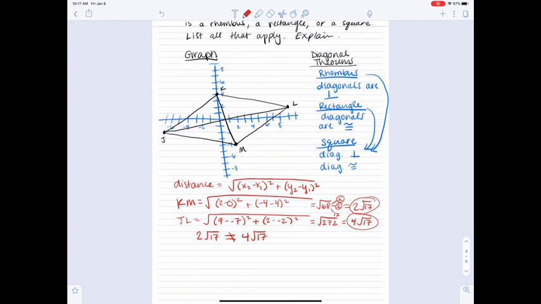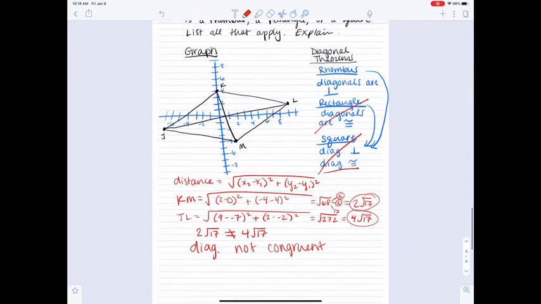So let's look back at our choices here. The diagonals are not congruent. That eliminates a square, because see how it says diagonals are congruent? That eliminates a square, and that eliminates a rectangle. So all we need now is to prove that it's a rhombus.